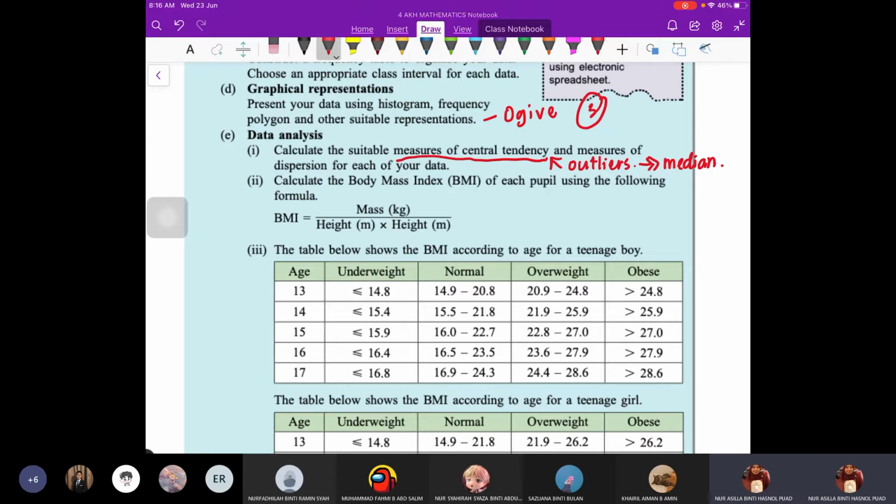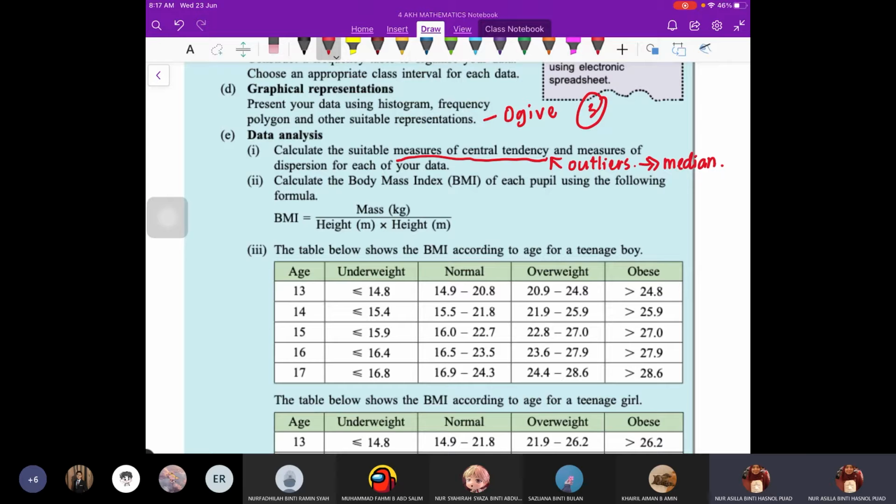Okay, just a short, a couple of sentences ke untuk terangkan kenapa outliers tu ada. Kemudian dia akan buat data yang baru di mana dia akan remove the outlier. Okay, contoh.